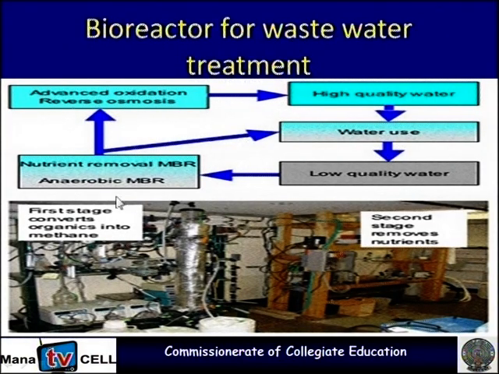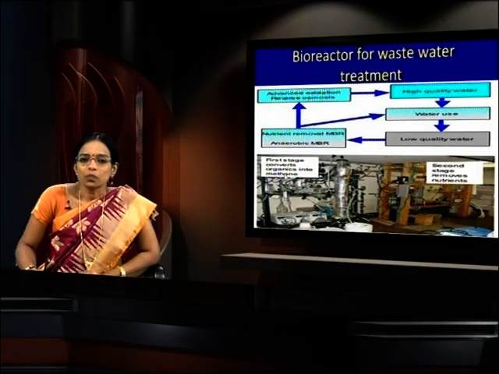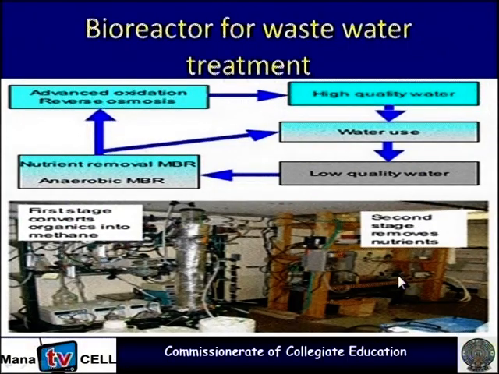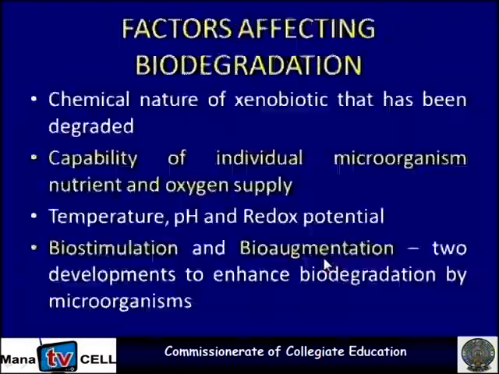For wastewater treatment, this is the process where the first stage converts the organics, that is the pollutants, into methane, and the second stage is the one where the nutrients are utilized. What are the factors that affect biodegradation?